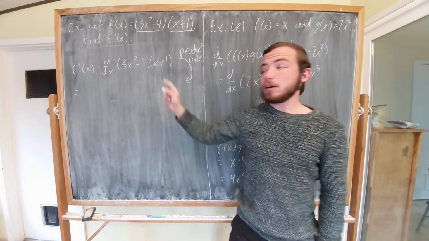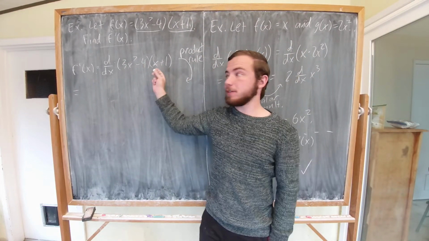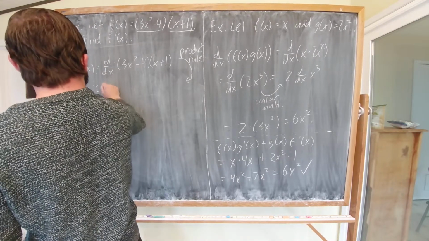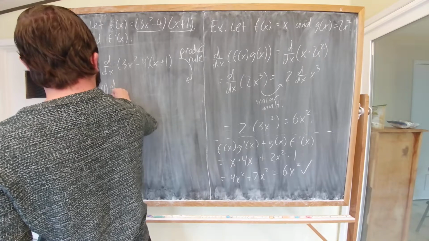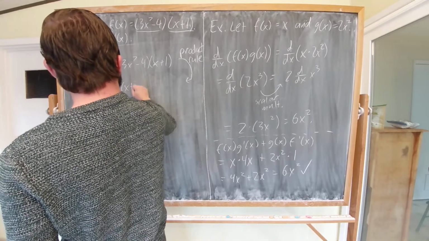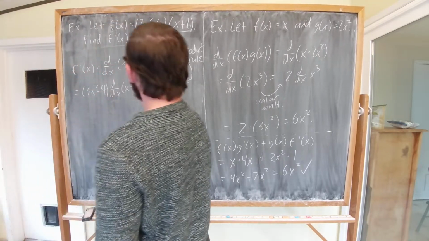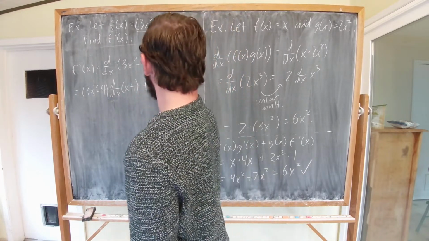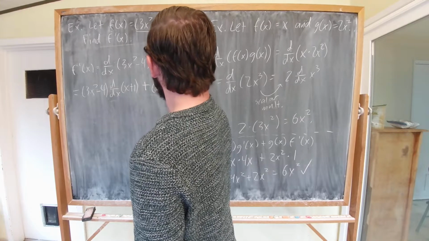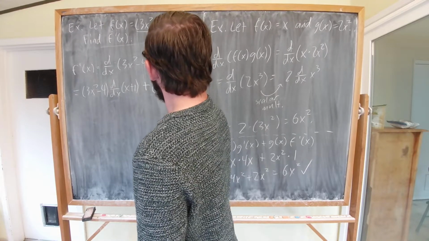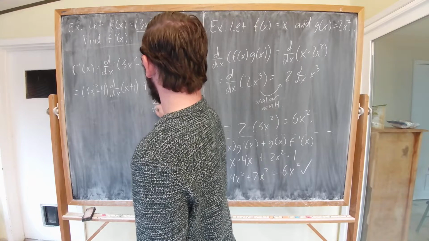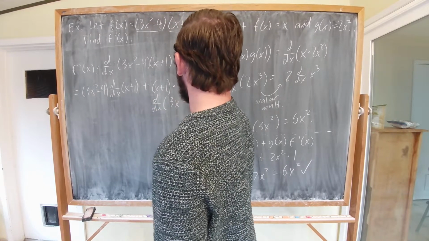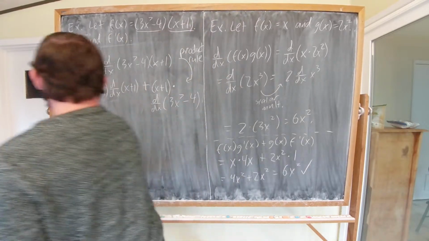will give us, first times the derivative of the second. So 3x to the 7th minus 4 times the derivative with respect to x of x plus 1, plus the second times the derivative of the first. So x plus 1 times the derivative with respect to x of 3x to the 7th minus 4.